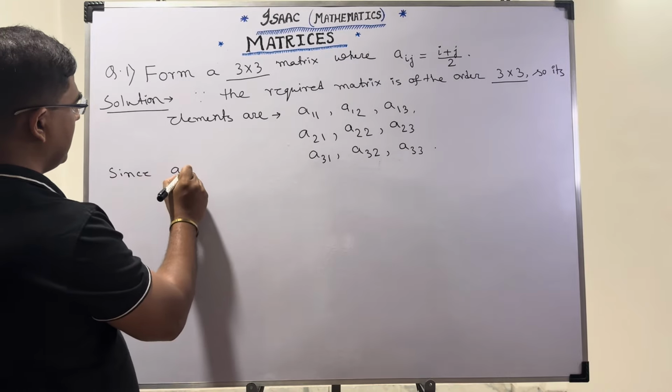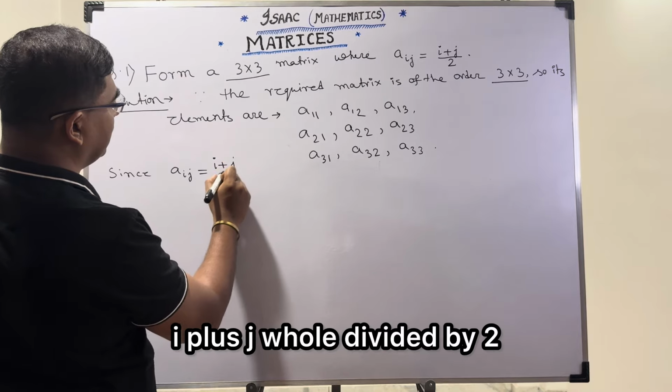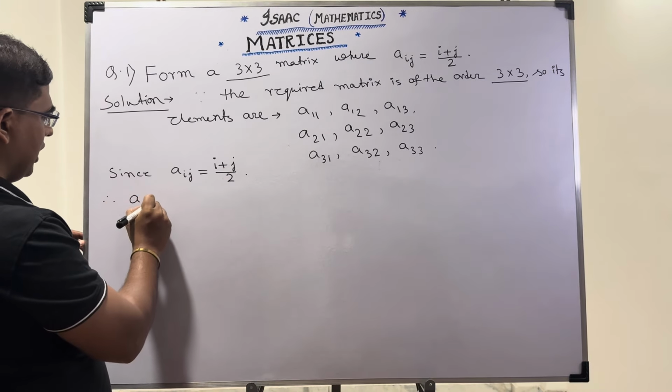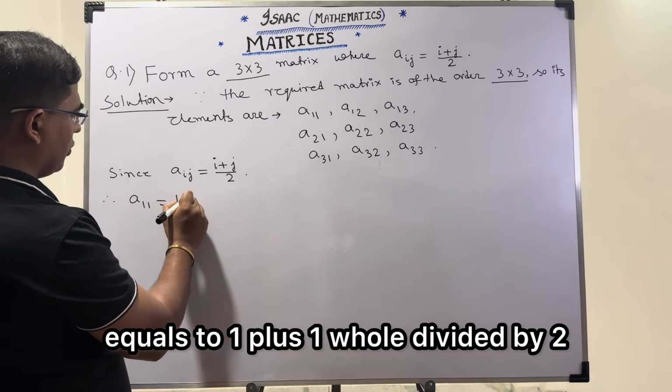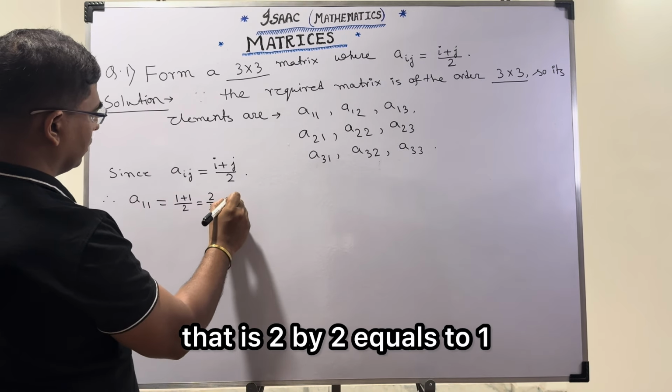Since Aij equals to (i plus j) whole divided by 2, therefore A11 equals to (1 plus 1) whole divided by 2, that is 2 by 2 equals to 1.